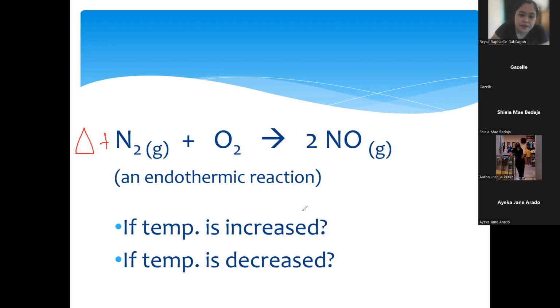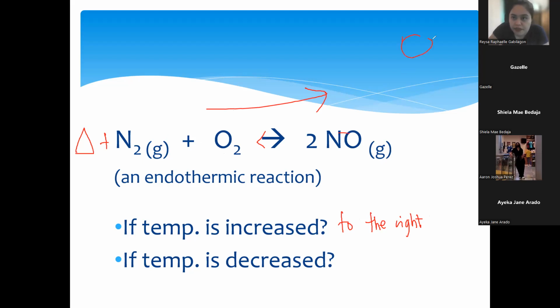So if there is temperature increase, meaning it's on the opposite side of the heat. So tama yan siya na the direction of the reaction will shift to the right. It will favor the forward reaction instead of the backward reaction. So that means more of these reactants will react to form more of this compound.